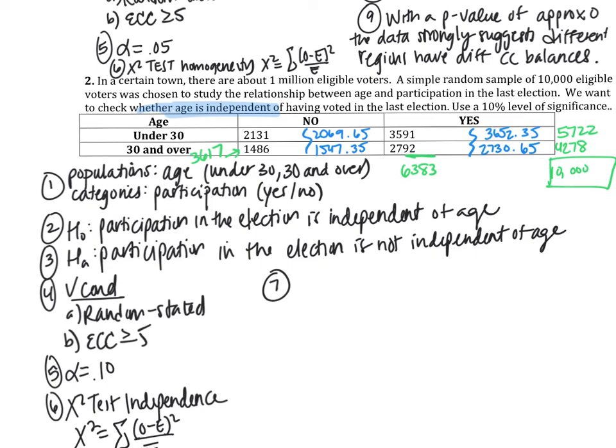In matrix A, you're going to enter the observed values. When you're done, you're going to hit second matrix again. Tab over to edit. We'll edit matrix B, which is also a 2 by 2 matrix.